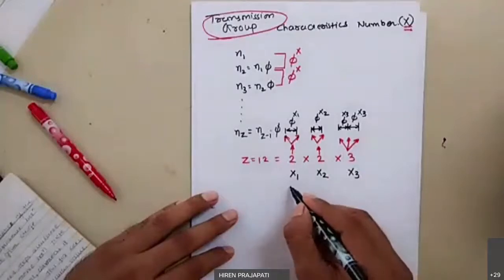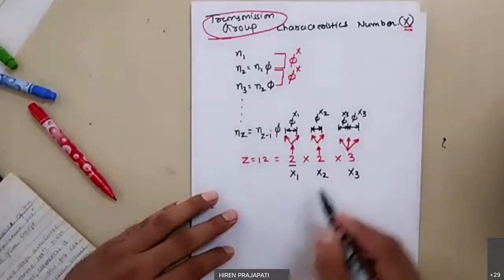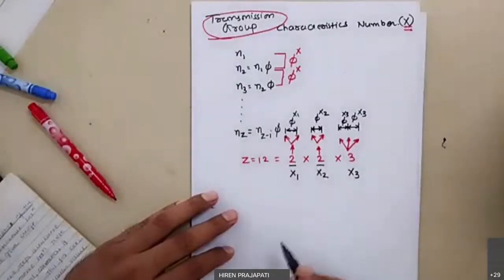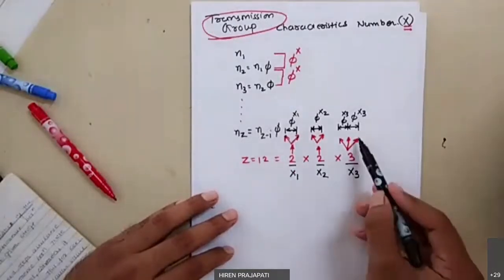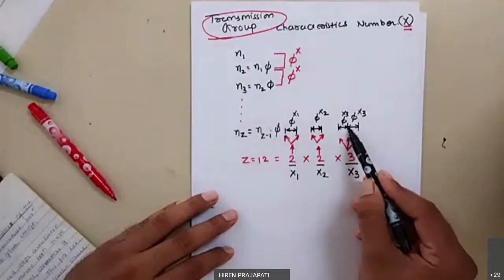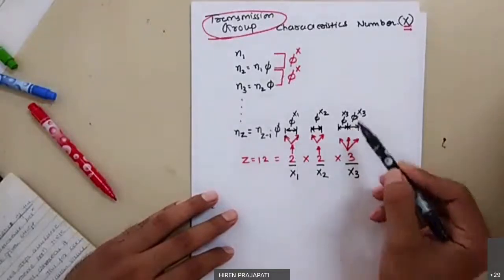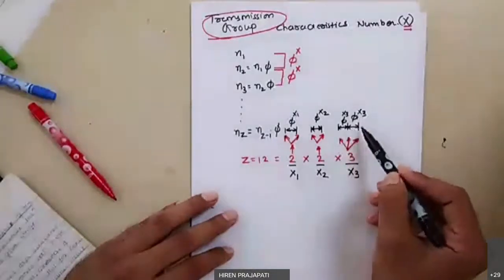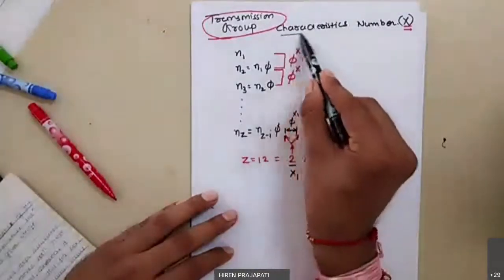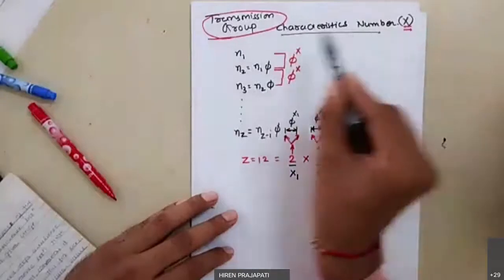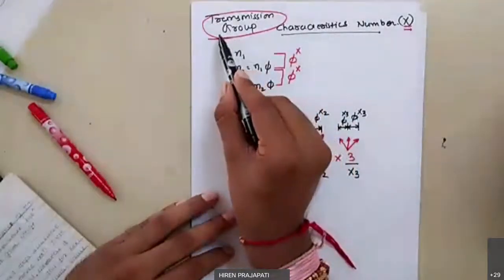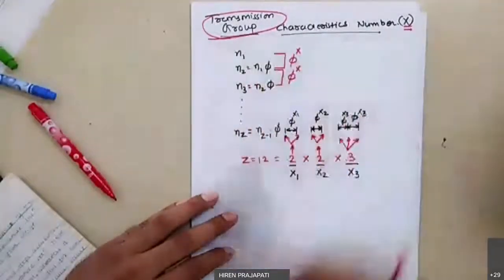So this is stage 1, speeds available in stage 1, speeds available in stage 2, and speeds available in stage 3. Then the power of geometric progression constant between two successive speeds is called a characteristics number, and it is about a particular group. That's why it is called a transmission group characteristics number.